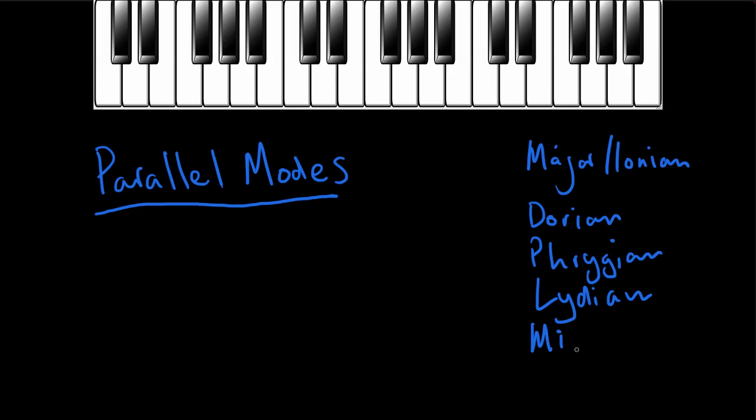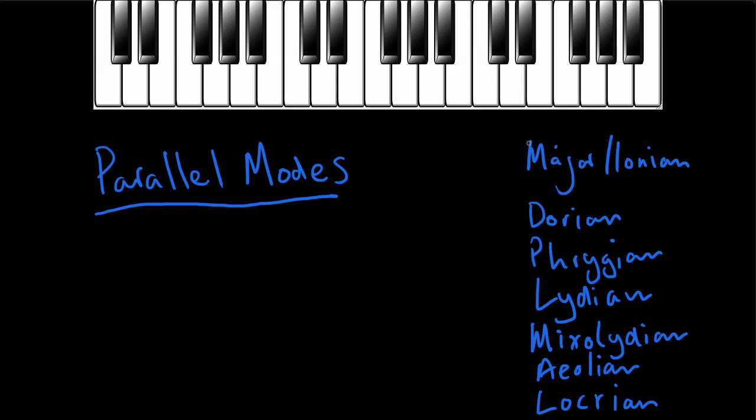Mixolydian. Aeolian. And Locrian. And so the parallel modes would be all of the different modes that share the same starting note, and that's the way we name these modes as well.